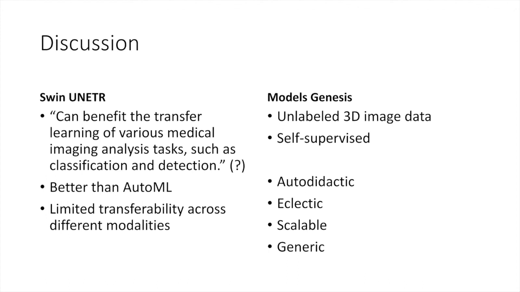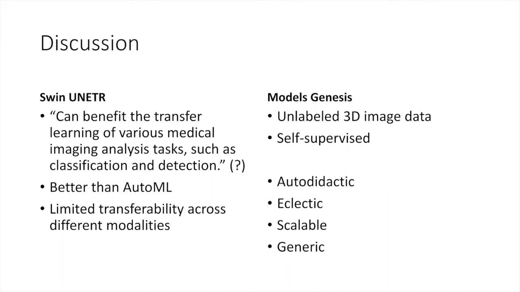I would like to pause here for a moment and note that in this experiment, the author only uses segmentation as the evaluation task. Therefore, I think it still remains a question yet to be answered whether Swin UNETR can be used for other tasks. This is also the reason why I put a question mark here. The author also suggests that Swin UNETR is better than AutoML, which is proven in the experiments.